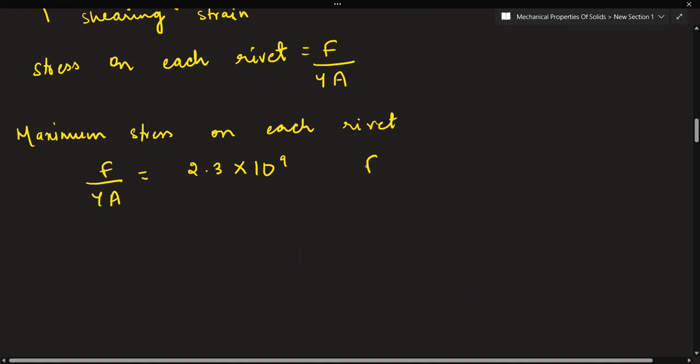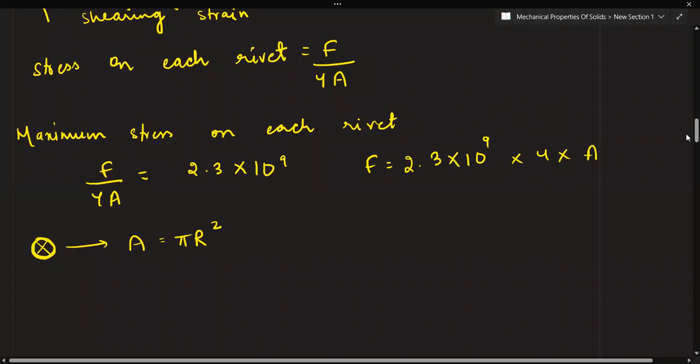Now what should be the force? The question is asking you this force only. So this force is 2.3 into 10 to the power 9 multiplied by 4 into area. For a rivet, the end of the cross section is a circular surface, so the area should be pi r square.